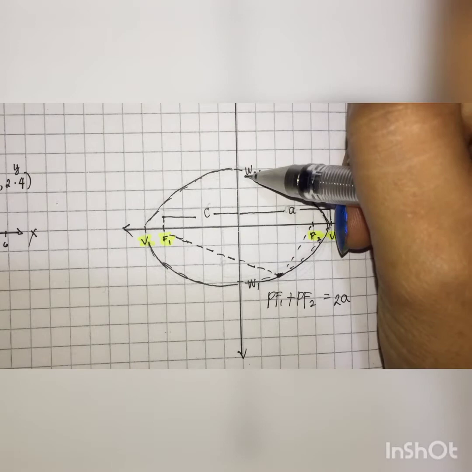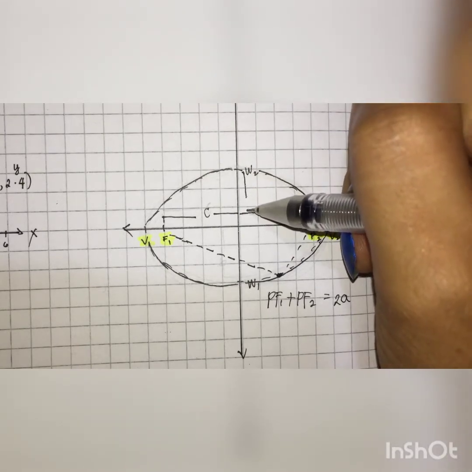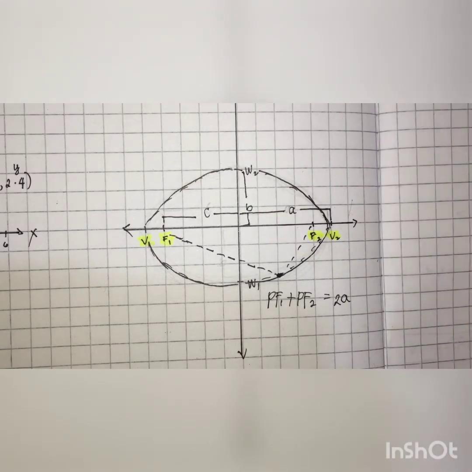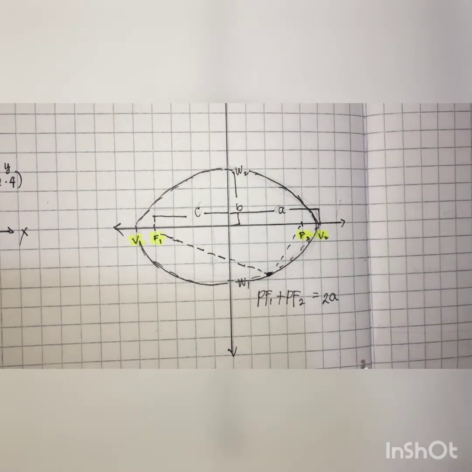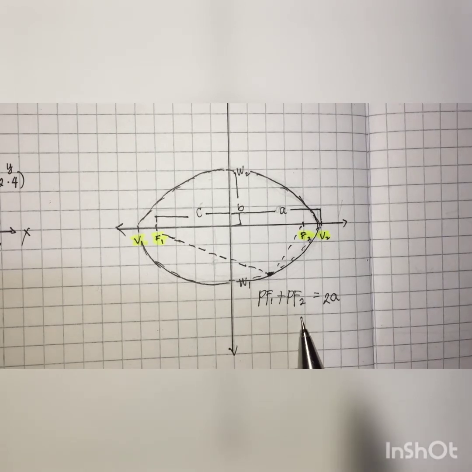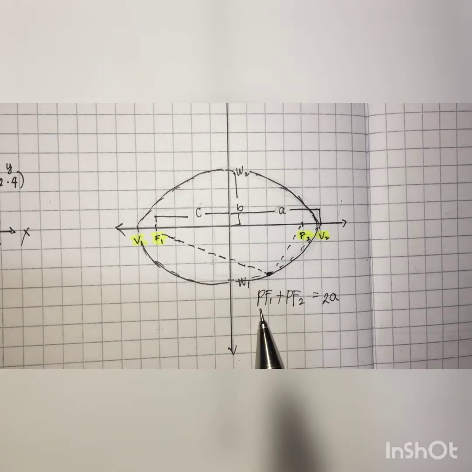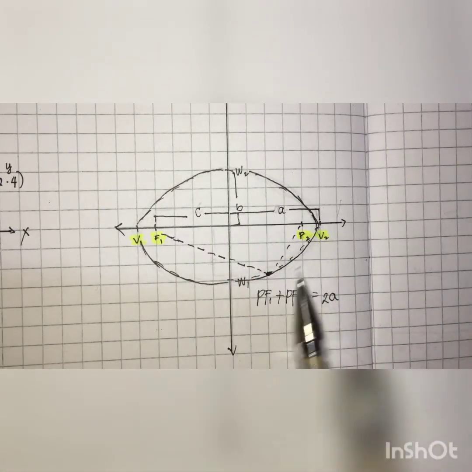And then B is from here to the origin. B is a unit distance. So what we have derived is PF1 plus PF2 is equal to 2A. PF1 represents some point of the ellipse.